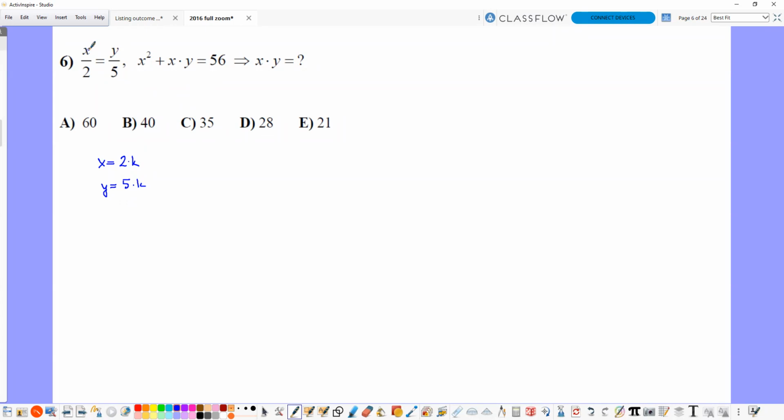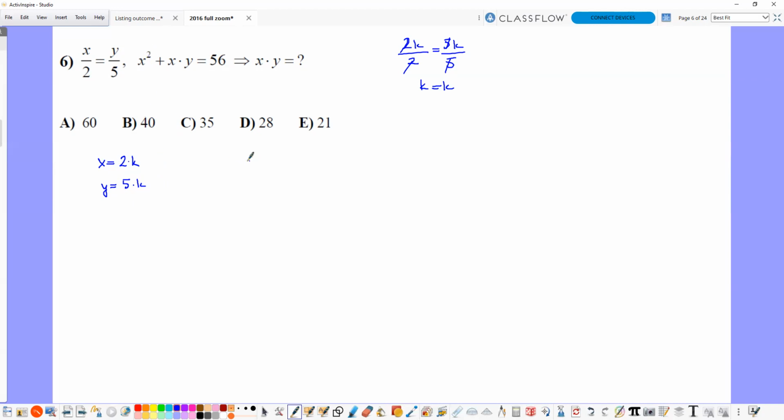This is equal to 2k divided by 2, which simplifies, and you find k. So k is equal to k. I'm so sorry. So here x is equal to 2k, y is equal to 5k.